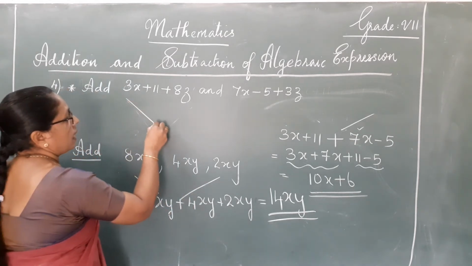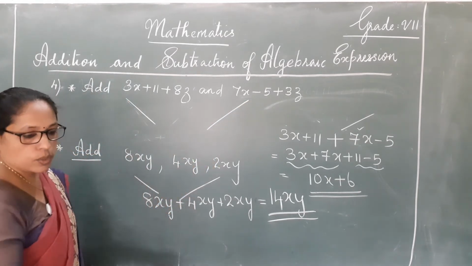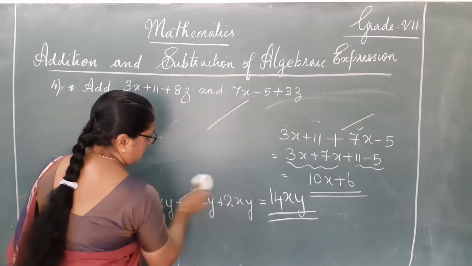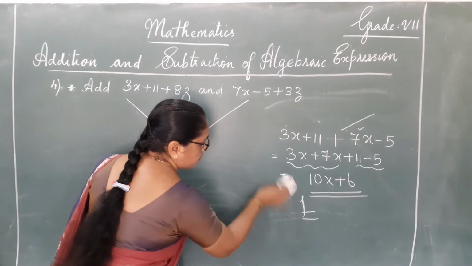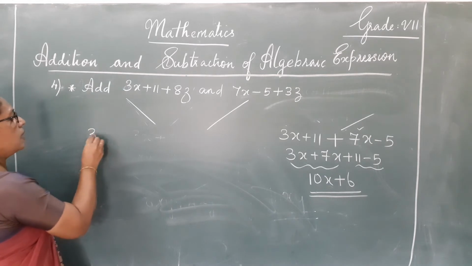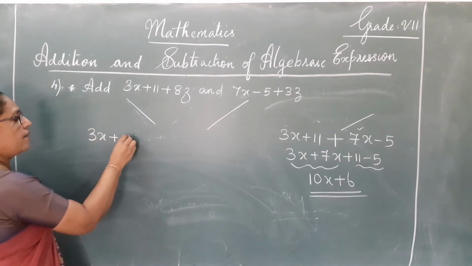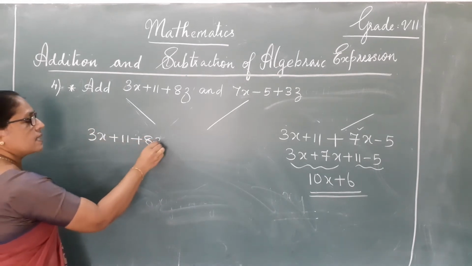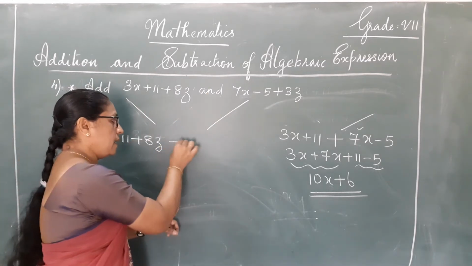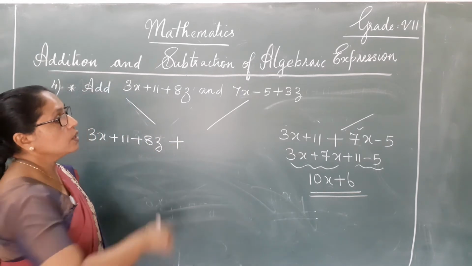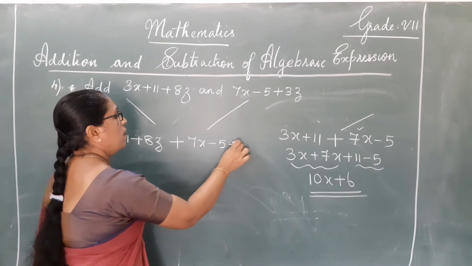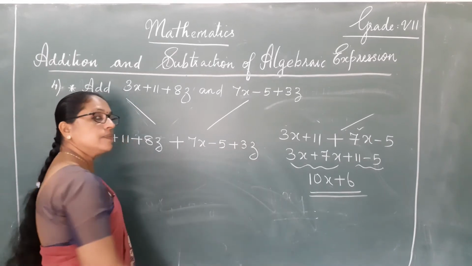Right? So we are going to add trinomials. So join the trinomials with an addition sign. So joining 3x plus 11 plus 8z, the first expression, added to, so added sign plus, the second expression 7x minus 5 plus 3z.